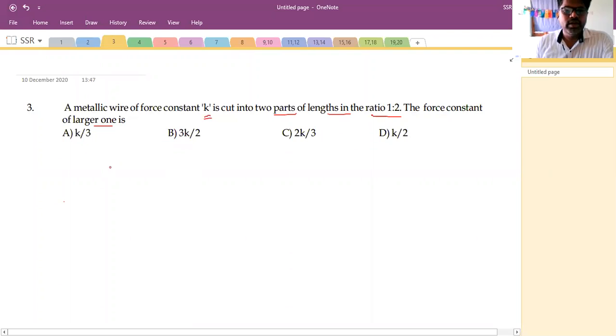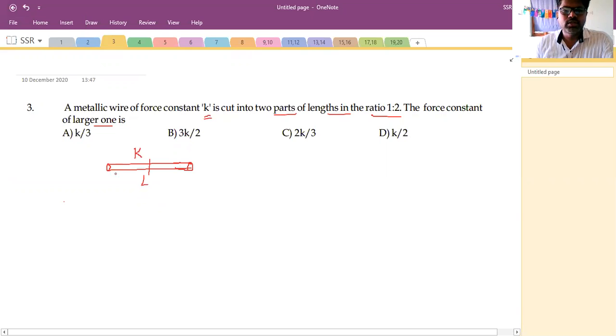You can imagine there is a wire like this, a metallic wire. Let us say its length is capital L. Now this is cut into two parts, and this force constant K is cut into two parts, and the ratio of length is 1:2.